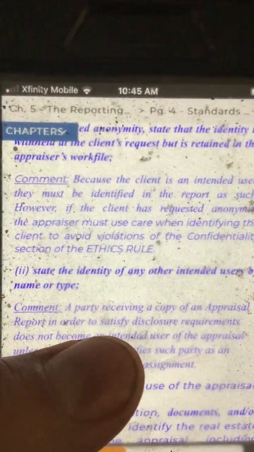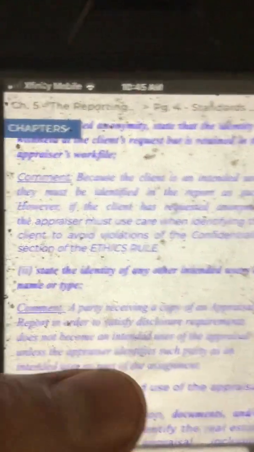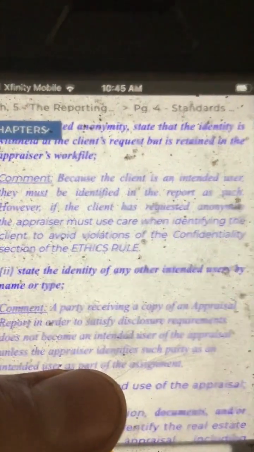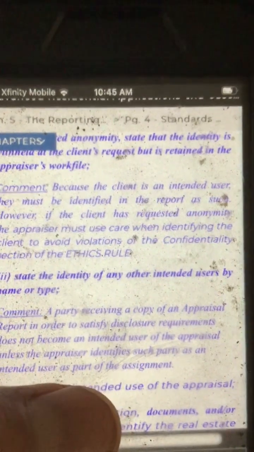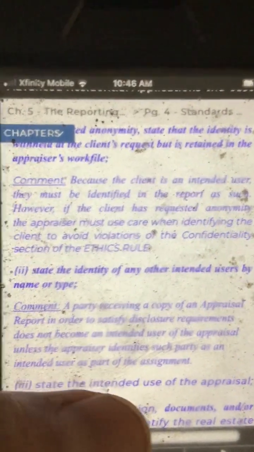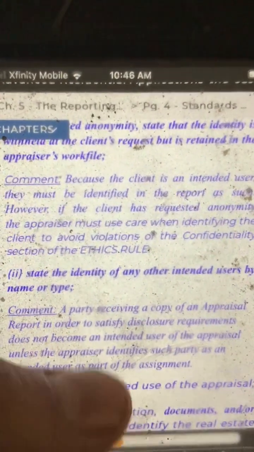Comment: because the client is an intended user, they must be identified in the report as such. However, if the client has requested anonymity, the appraiser must use care when identifying the client to avoid violations of the confidentiality section of the Ethics Rule.